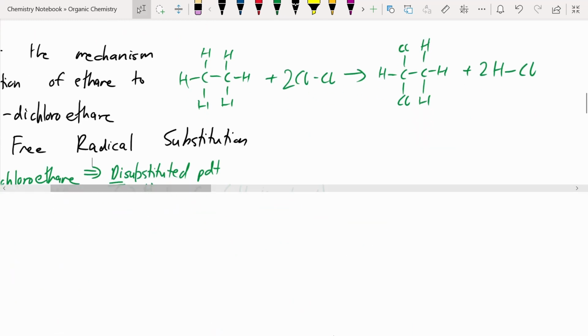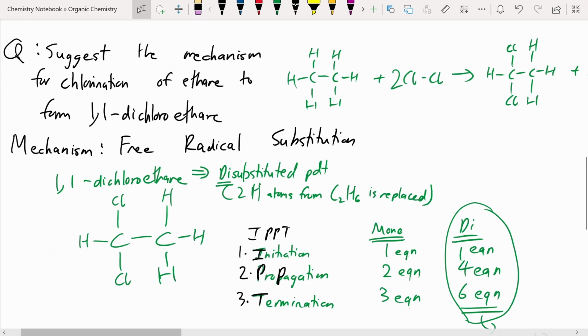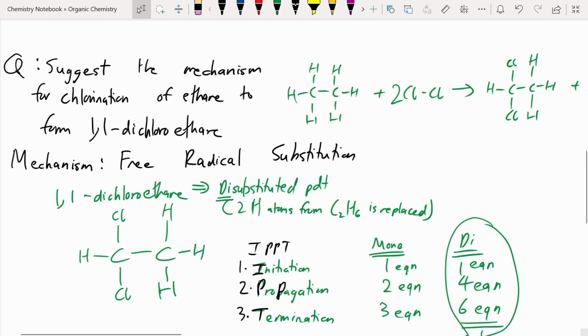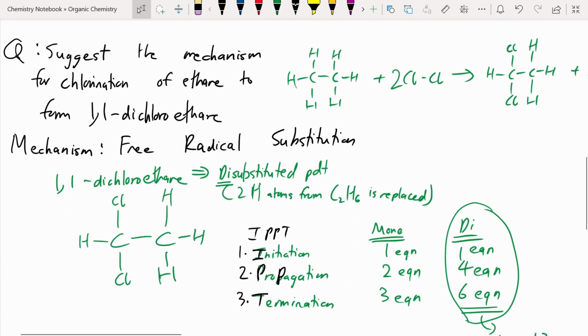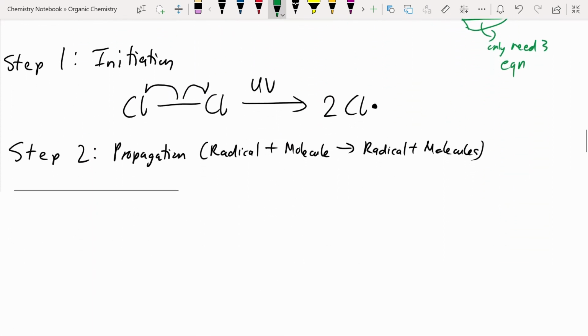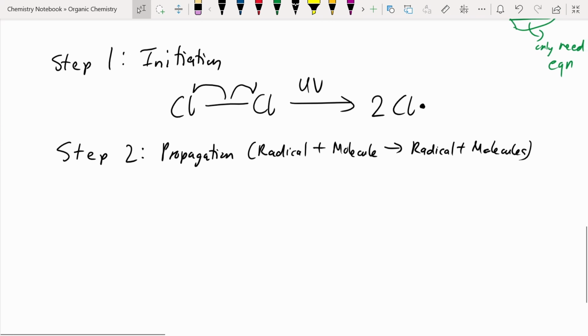You know that the chlorine radical can be reacting with either ethane or chlorine. Usually we will react with ethane first.